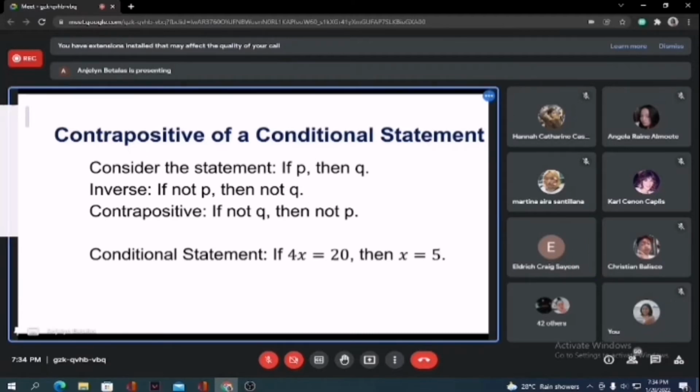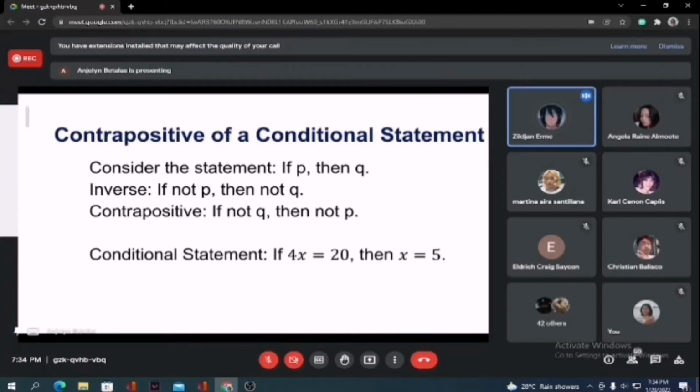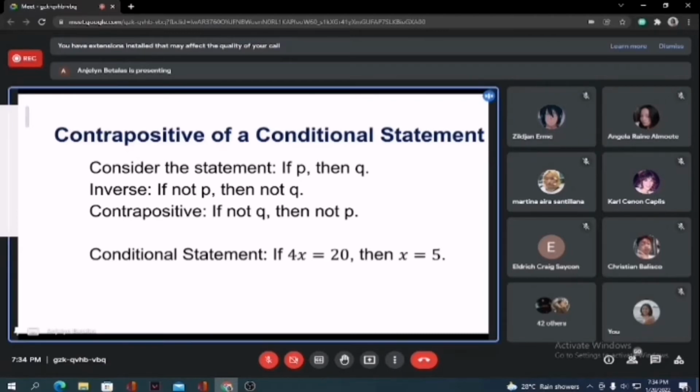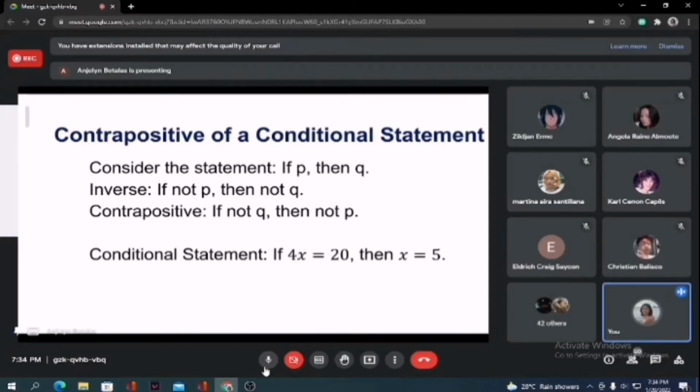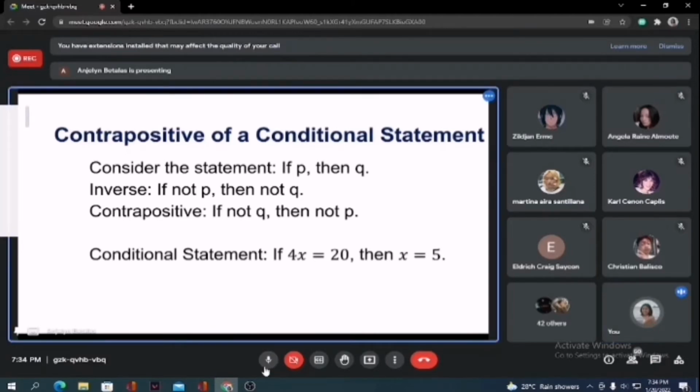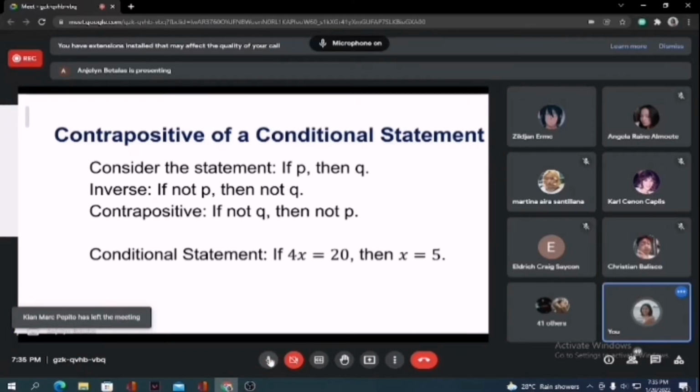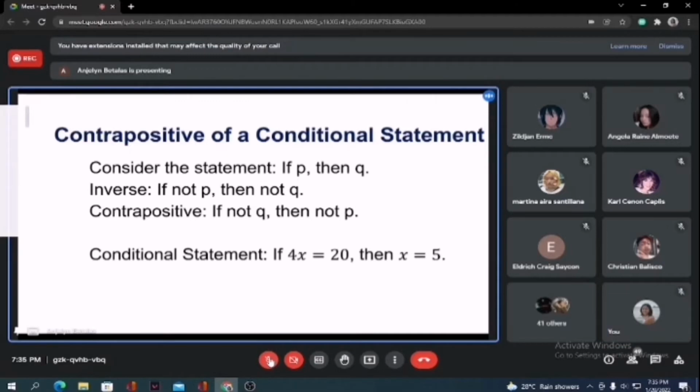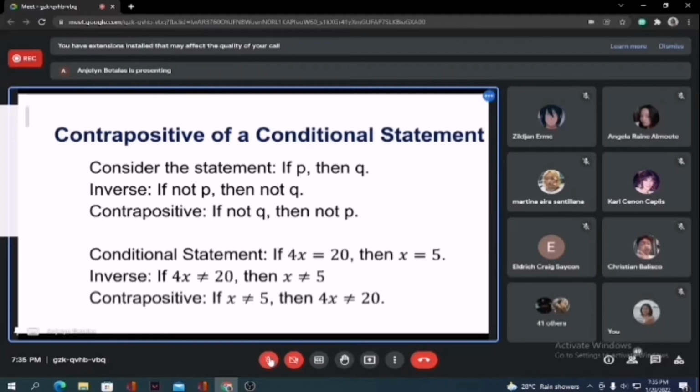Hapit na, jud. Correct. Who's answering? Ako, ma'am. Okay. Ano answer, class? Inverse man na. Muna mo the positive. If x is not equal to 5, then 4x is not equal to 20.